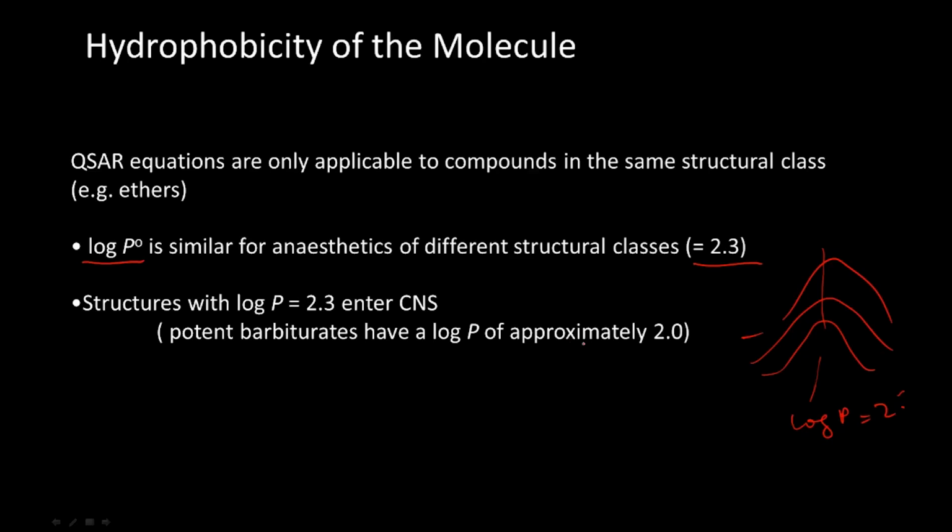Barbiturates have a log P of approximately 2. So this number is quite interesting. If you want to avoid CNS side effects, we need to be away from 2, either lower or higher, so that it doesn't pass the blood-brain barrier.